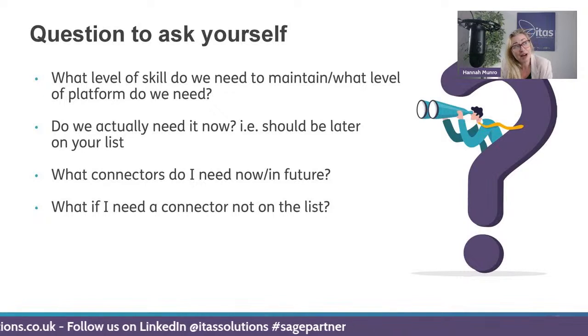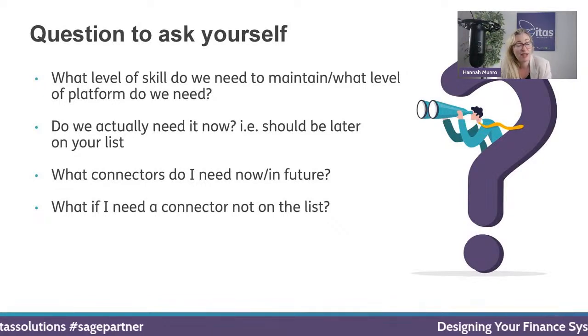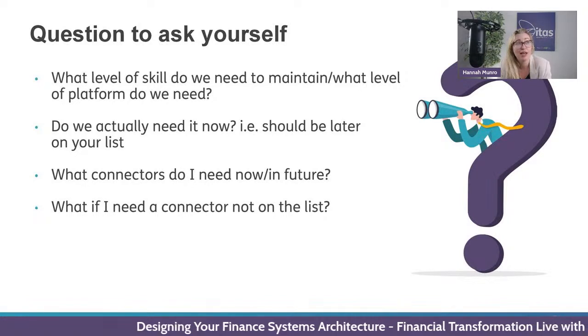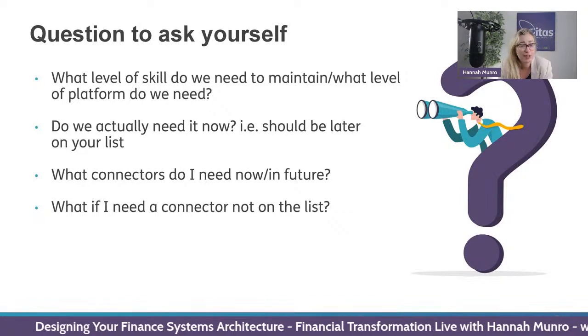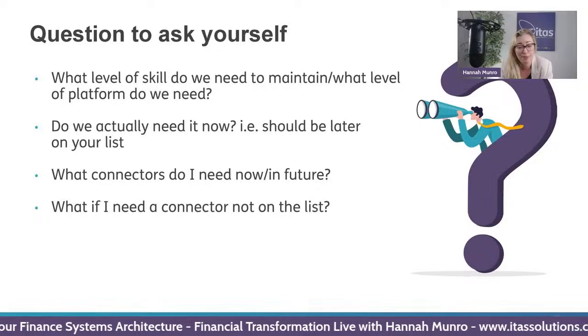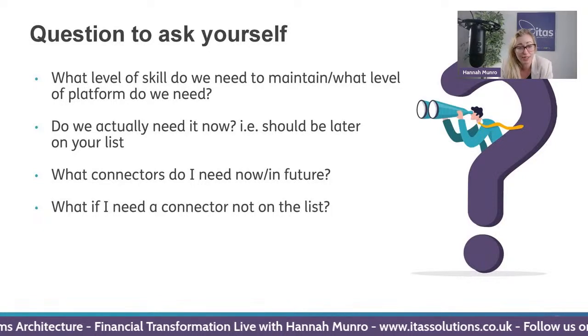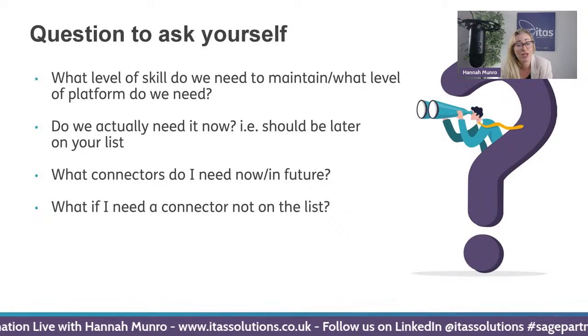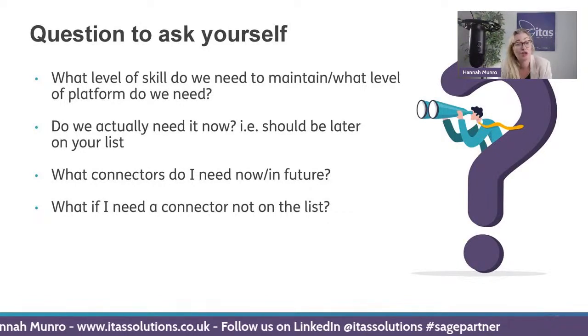And again, I have gone into sites where they've gone too far ahead. So one of the things you need to think about is, what is the level of skill we need for this particular forecasting platform? It might have all of the capability you could ever want, but it might be too complex for your organization. There is a danger sometimes that you go for where you wish you were versus what you need right now.